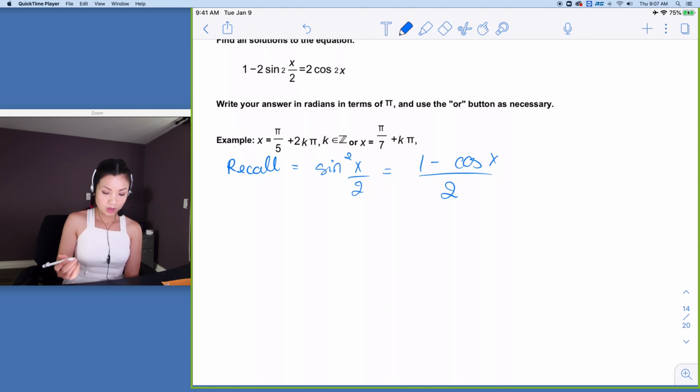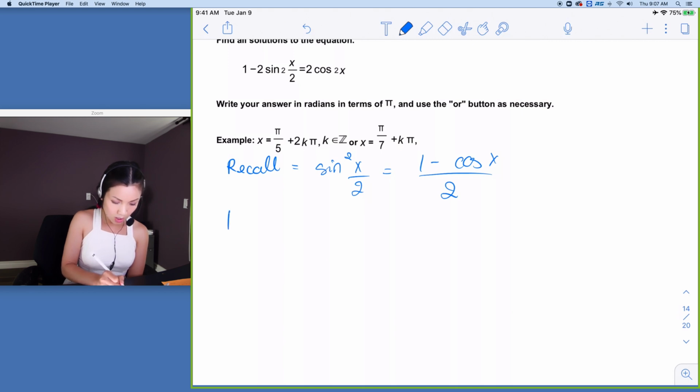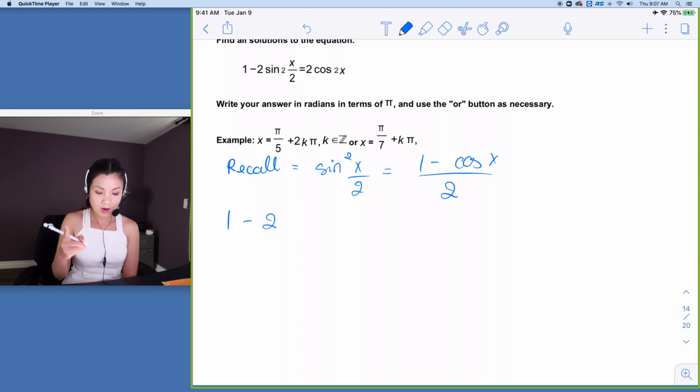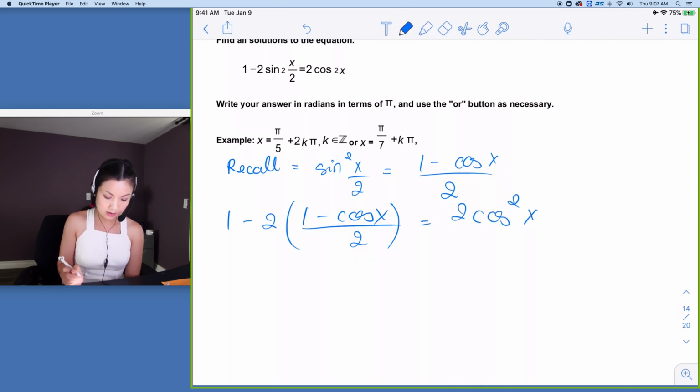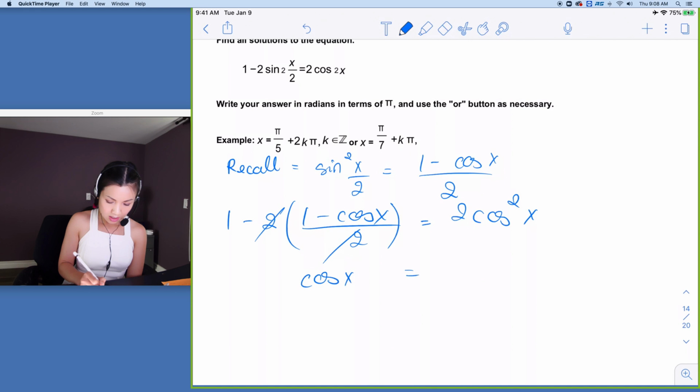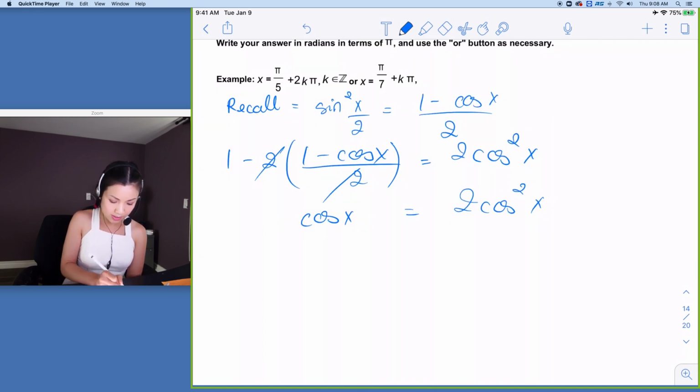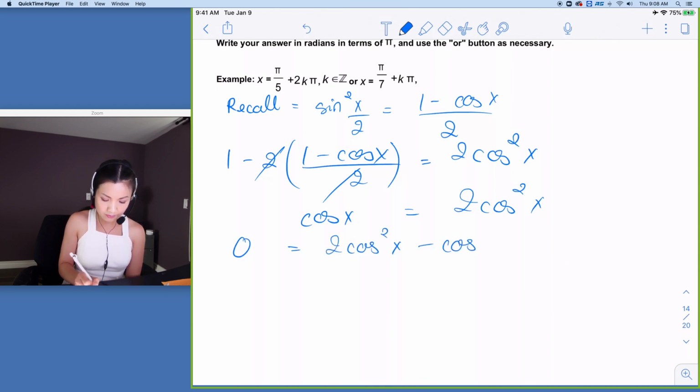We have to plug it in. So instead of writing sine square, I'm going to write the new one: 1 minus cosine of x over 2 equals 2 cosine square of x. You see the 2 cancels out. I have 1 minus 1, so I ended up with just cosine of x equals 2 cosine square of x. So I'm going to move everything to one side because I have a quadratic, and I can just simply factor after that.